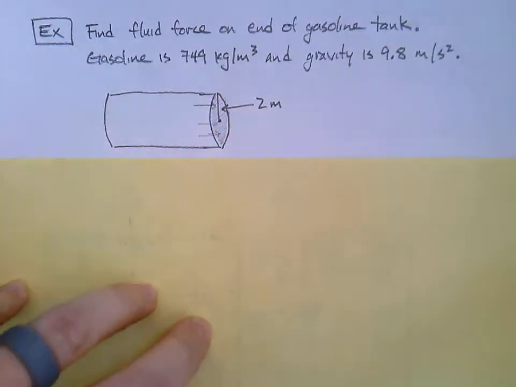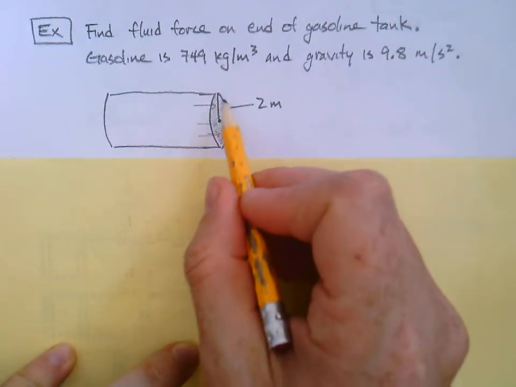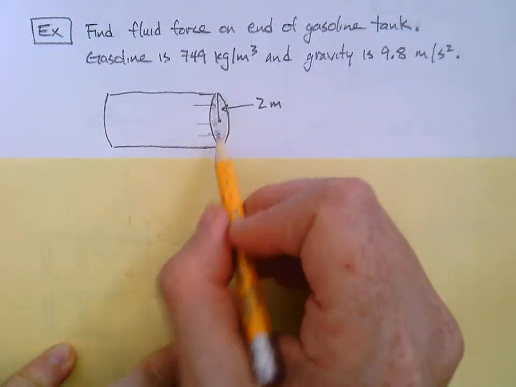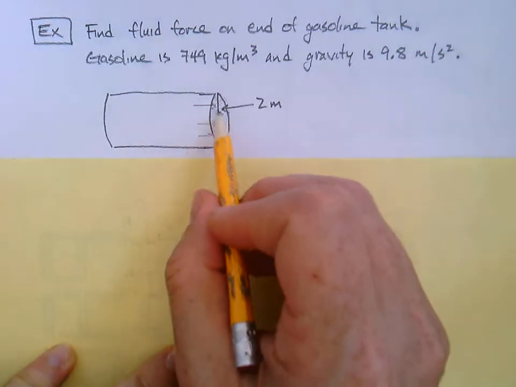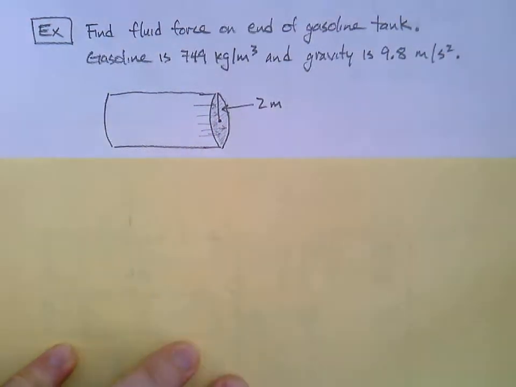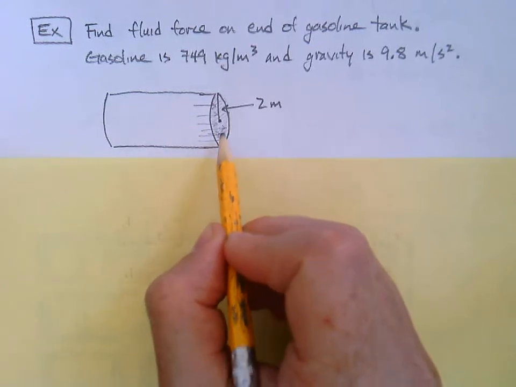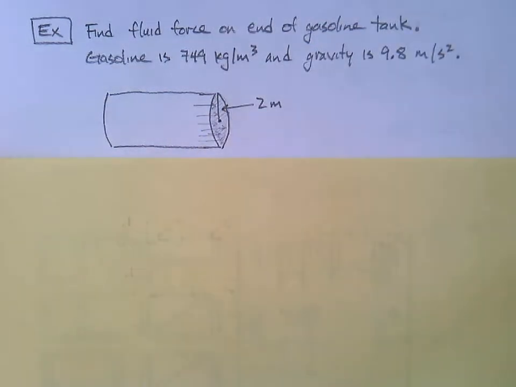You almost might think at first, well, if it's inside, then maybe the end of it doesn't experience any pressure. But no, right? It's trying to push out at every point. And the deeper you get, the more pressure there is. The higher up, the less pressure. That's Pascal's principle coming into play here a little bit.